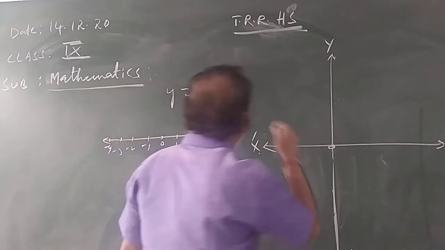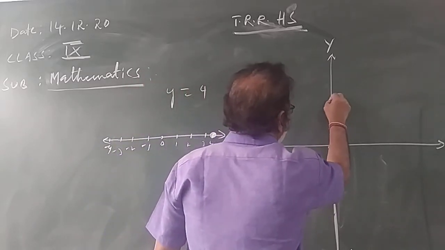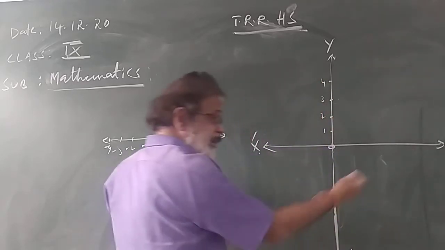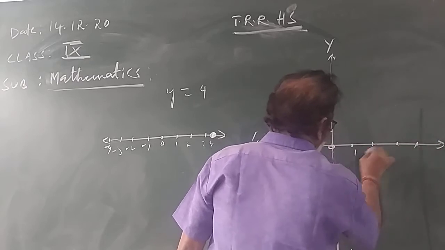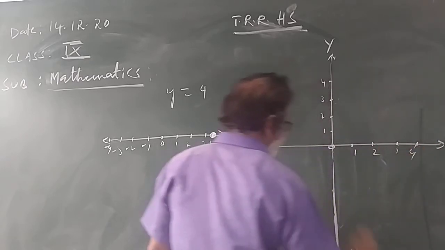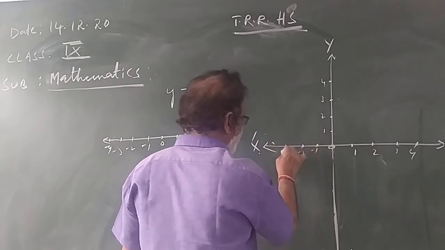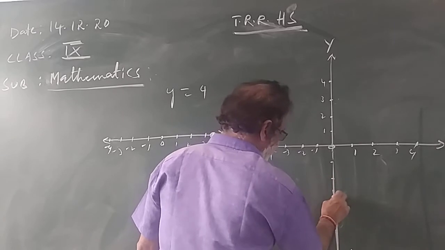The y value is 4, so 4 positive values: 1, 2, 3, 4. On x also 4 values: 1, 2, 3, 4. On the x-axis, left of the origin, all negative values: minus 1, minus 2. On the y-axis, below the origin, all negative values: minus 1, minus 2, minus 3.